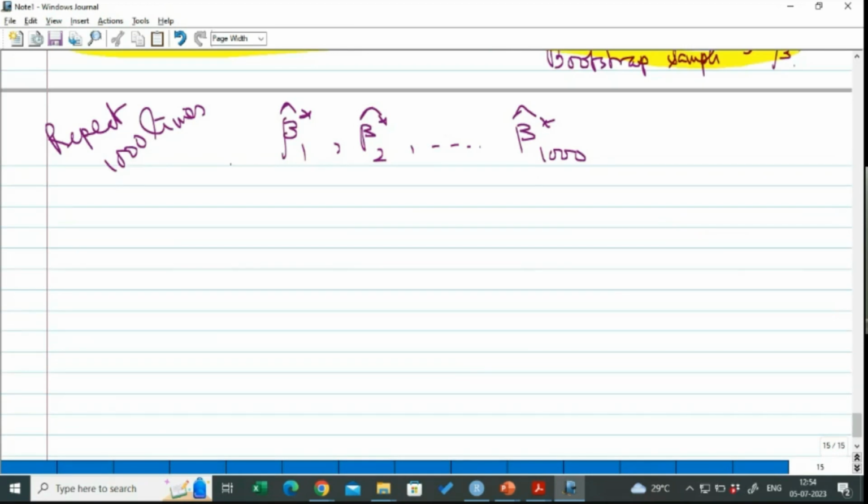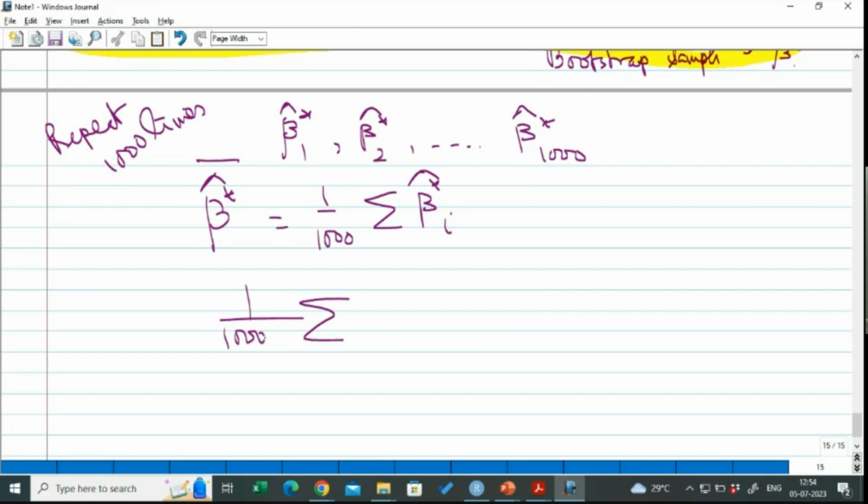Now you get a grand estimate of beta, which is the overall average of these. And you can also estimate the associated standard error: the square root of 1 by (1,000 minus 1) times the sum of (beta star hat minus beta star hat bar) whole square.